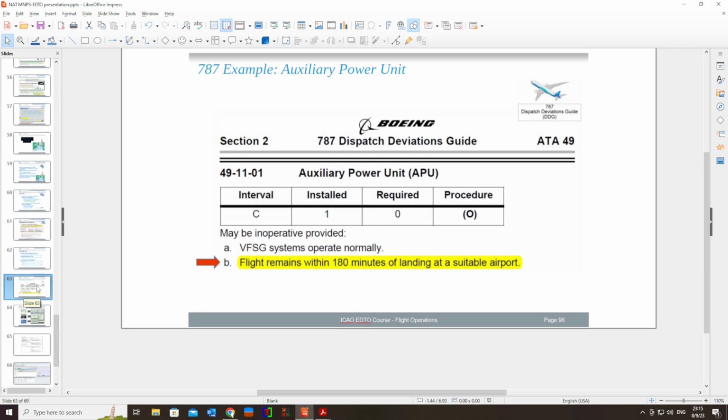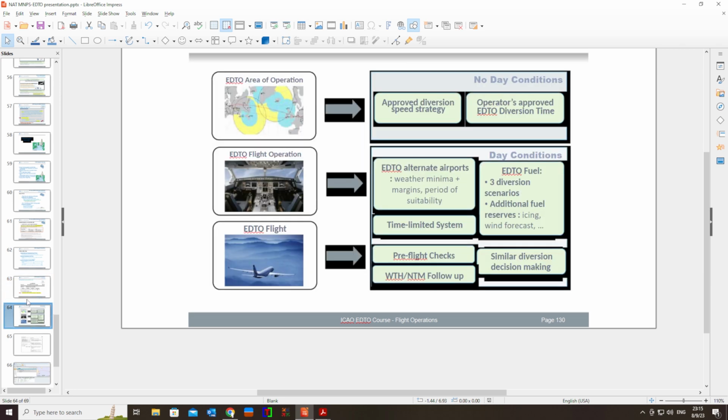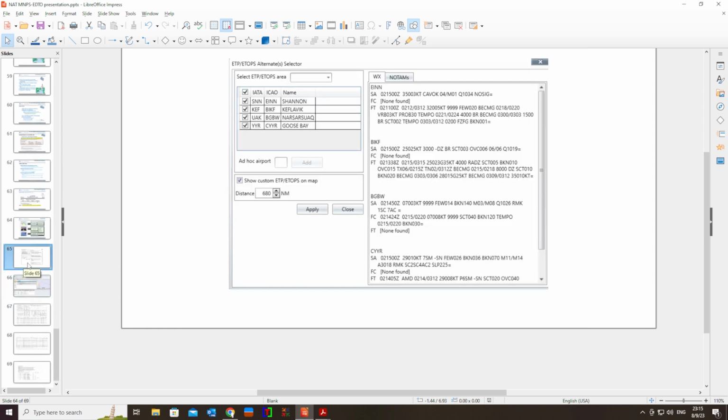They can also request from the dispatch to change the airports if they see while flying and they are getting the latest weather reports. Maybe they will say, okay, guys, I don't want to fly there. The weather is not looking great, so please change the alternate airports, so on and so forth.